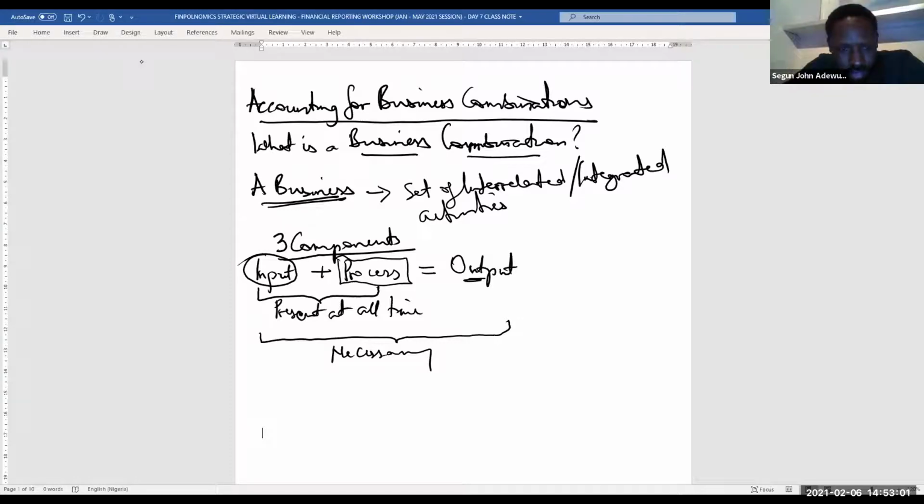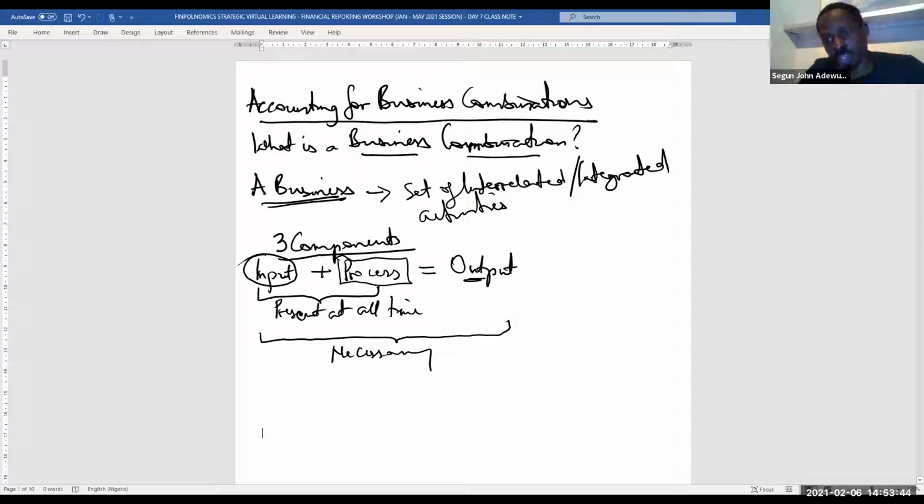Okay. For example, let's assume a manufacturing company that manufactures, let's say, cement. So the input will be the raw materials and the machinery and other things put in place, while the process will be the series of interconnected activities that transform the inputs.